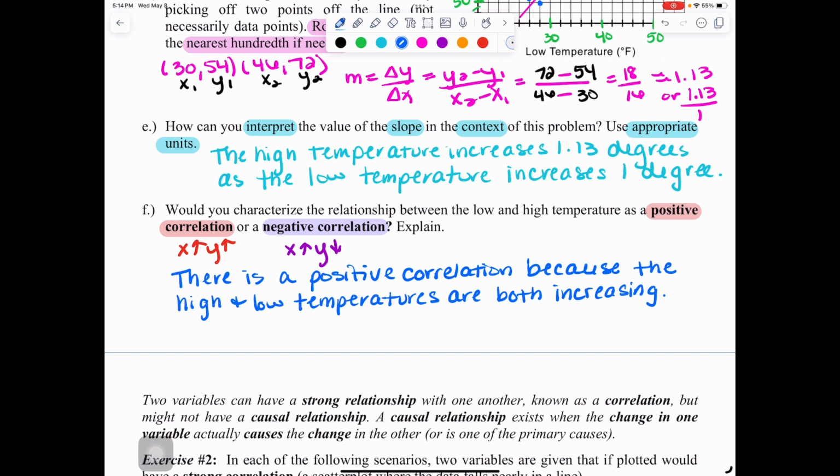So that says, in general, as the low temperature increases, the high temperature also increases.